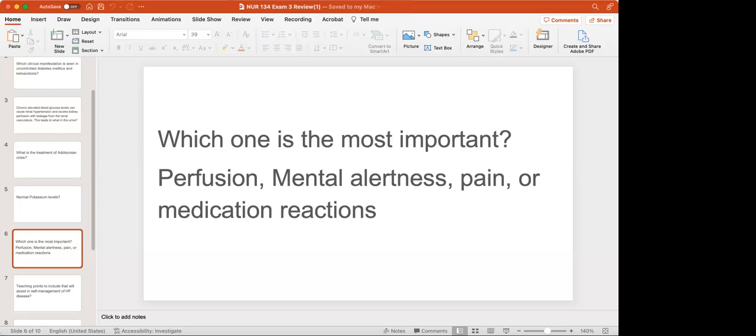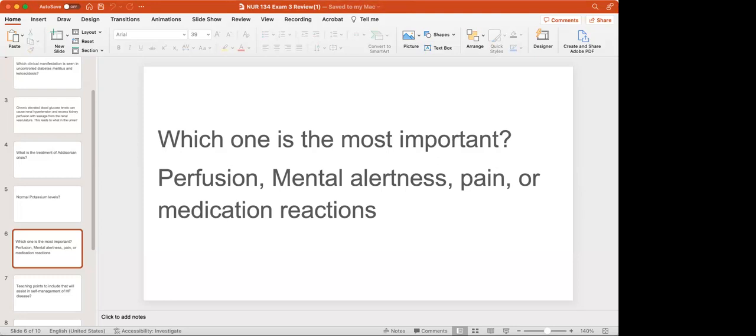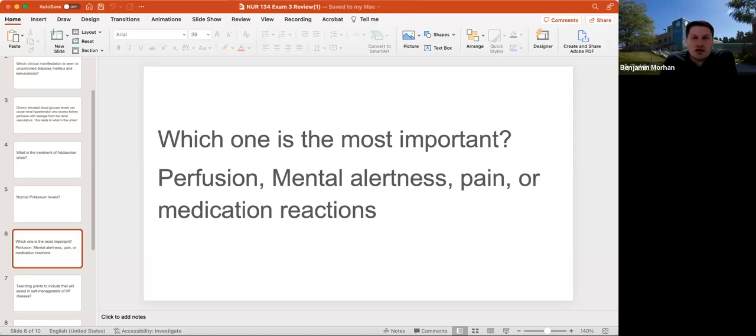You need IV access, however many ports, because you're going to be giving IV push medication. Yes, you may give some PO medication, but the majority of your medications are going to be intravenous, because our patient is acute. All right, good.